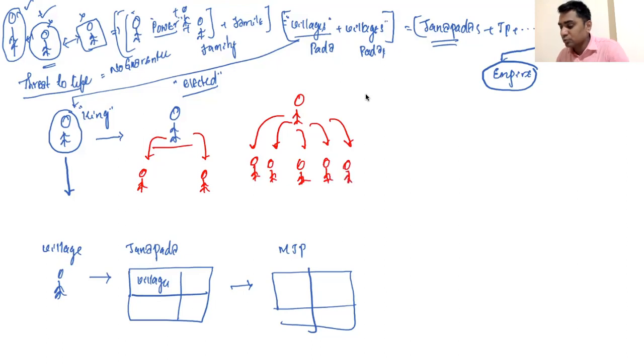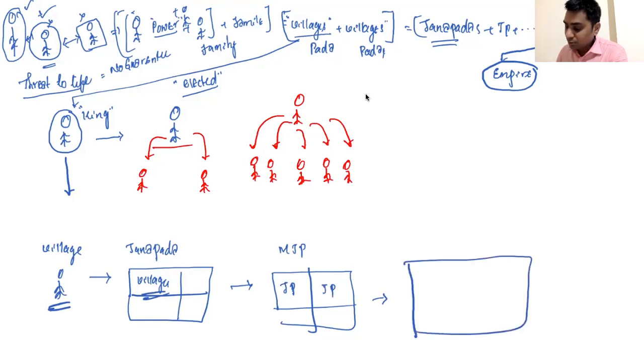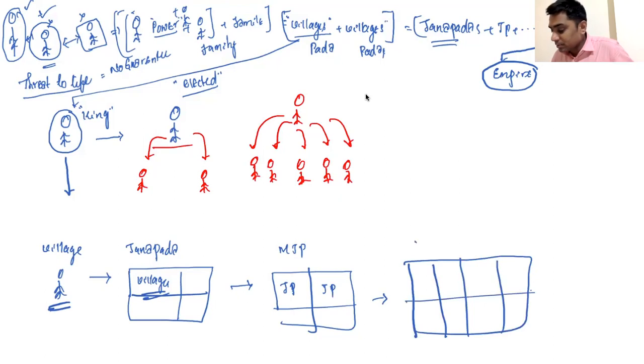Earlier, one fellow used to look after us. Slowly, three persons started looking after us. Slowly, five persons started looking after us, because we slowly moved from village to a group of villages called Janapadas, a group of Janapadas to Mahajanapadas, and from Mahajanapadas we entered into one more thing called empire, which is a combination of many Mahajanapadas.